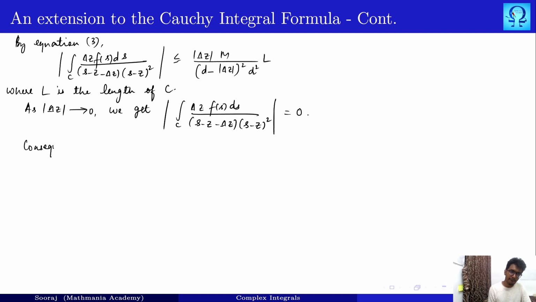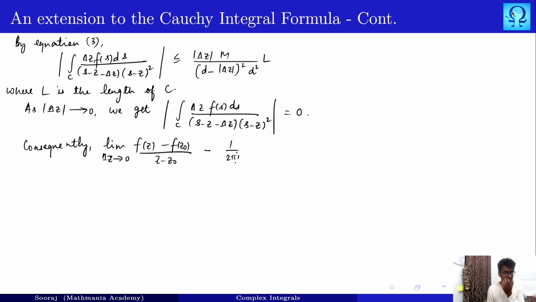Consequently, limit delta z approaches 0, (f of z plus delta z minus f of z) upon delta z minus 1 upon 2 pi i integral over C f of s ds upon (s minus z) whole squared, equals 0.